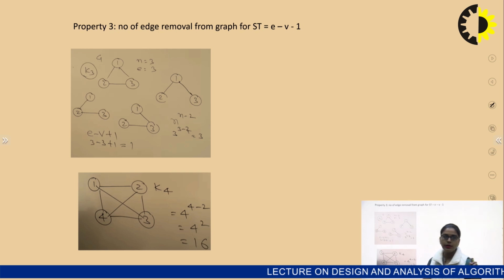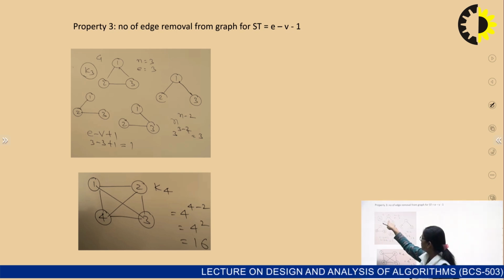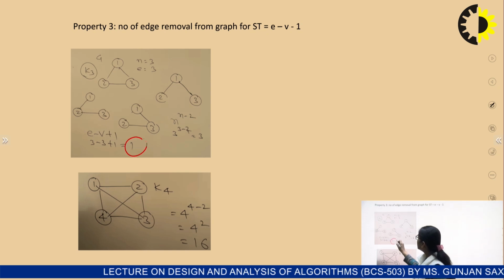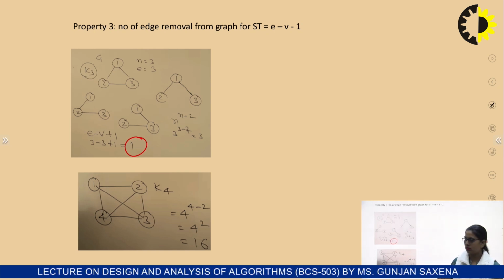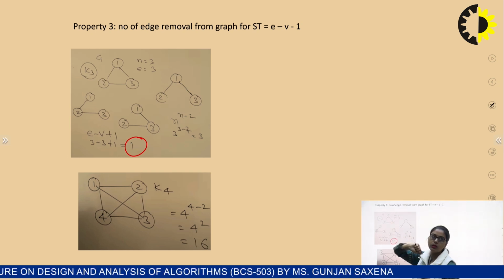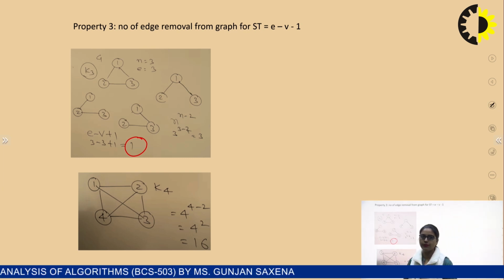Property 3 says E minus V plus 1, which is 3 minus 3 plus 1. That means from this particular graph, if we remove one edge, it will create a spanning tree from this graph.